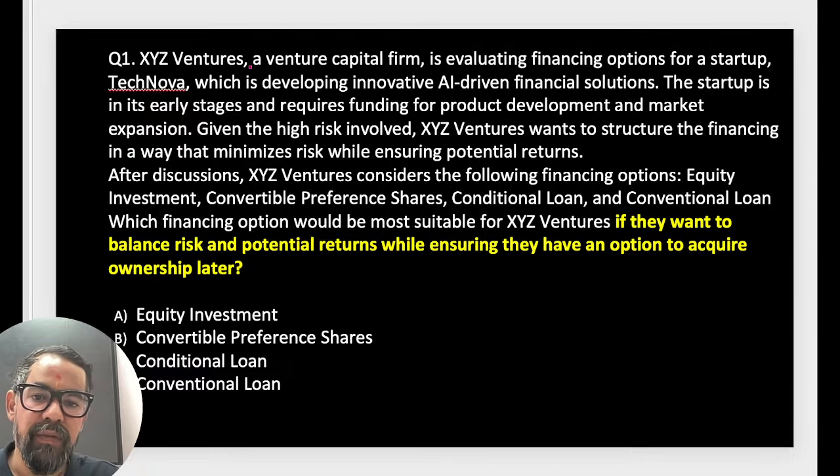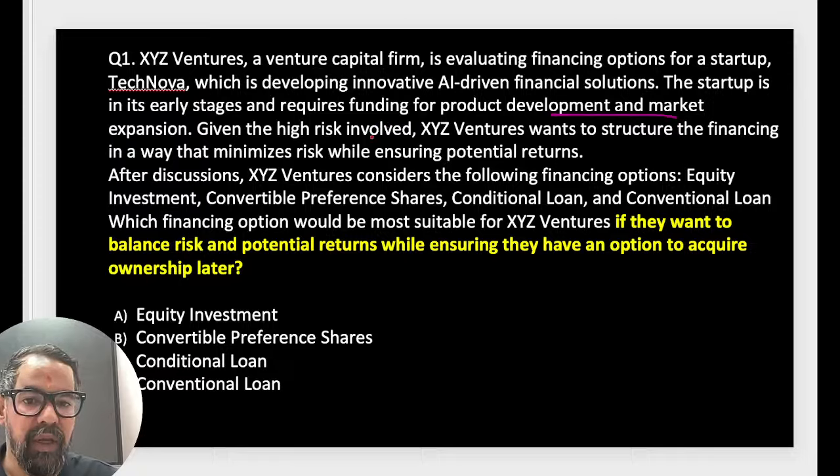Question 1. XYZ venture capital firm is evaluating the financing option for startup Technova, which is developing an innovative AI-driven financial solution. The startup is in its early stage and requires funding for product development and market expansion.